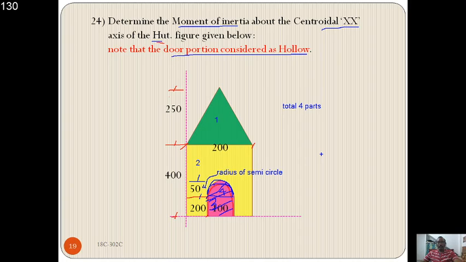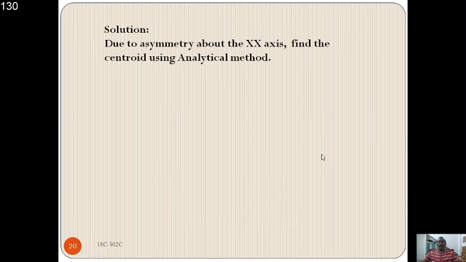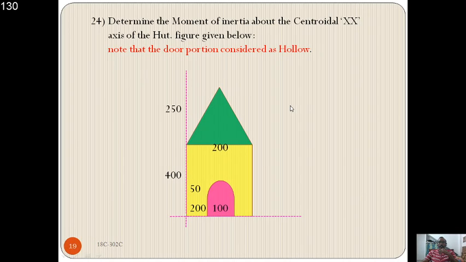Let us do it as per the routine practice. We have to identify whether a symmetrical axis is available or not. It is understood that it is not symmetric. Is it symmetric? If I draw a line at any point, is it symmetric?